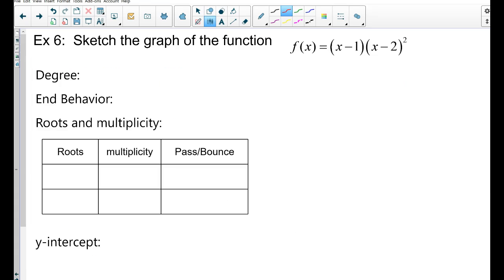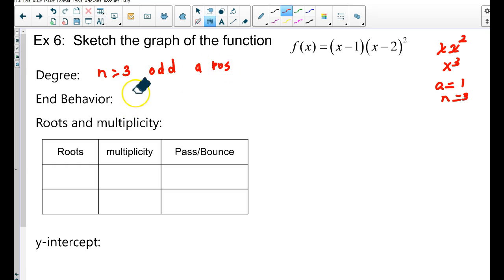So here's example 6, and I want to graph this whole thing out. To start off graphing, we first want to find the degree of the function. If I take x times the x squared, I see that the leading coefficient is going to be 1, and my degree is going to be 3, meaning I have an odd degree, and my leading coefficient is positive.